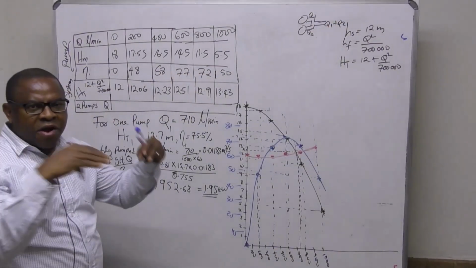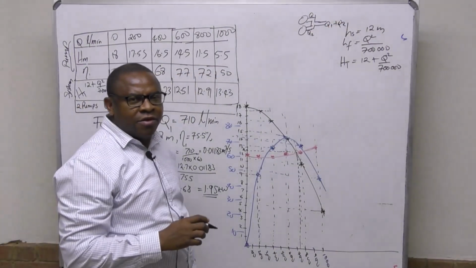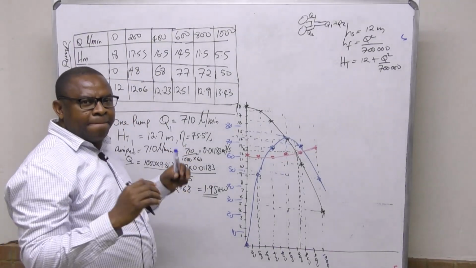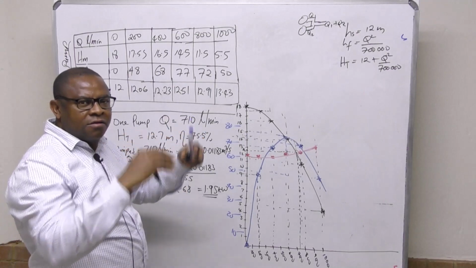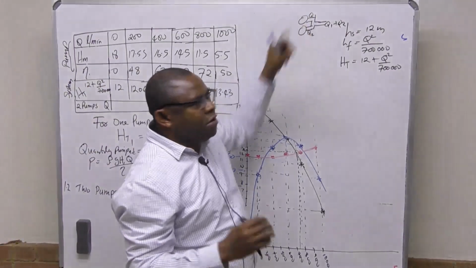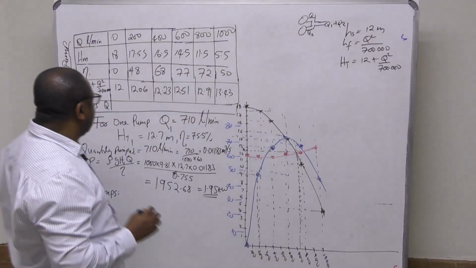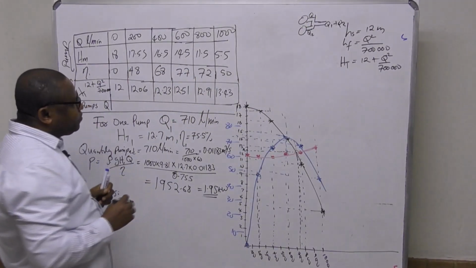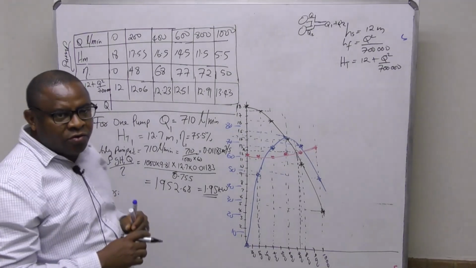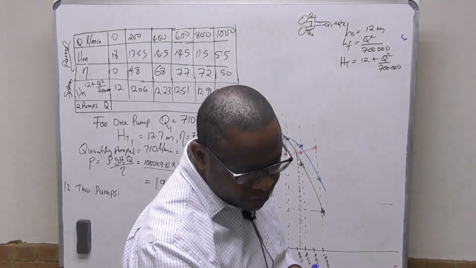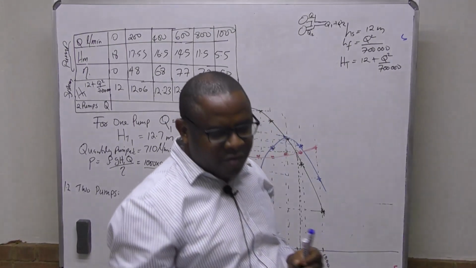When you have them in parallel, just like resistors in parallel, the current will add up. So here, the flow will add up. So in other words, we are going to plot the flow for two pumps and see what we are going to get.